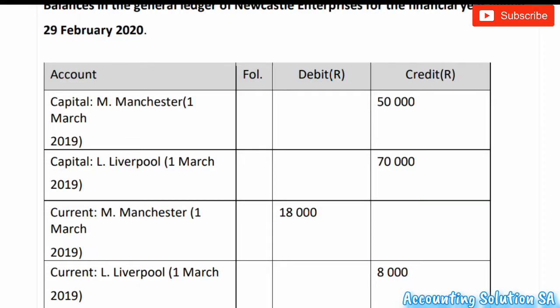Guys, this is very important because when you go to your current account, remember, sometimes interest on current account is debited, sometimes it is credited. So simply this means that in the case of Manchester, we are going to debit interest on current account. In the case of Liverpool, we're going to credit interest on current account because the amount is on the credit side. So this is how we're going to do the calculation.